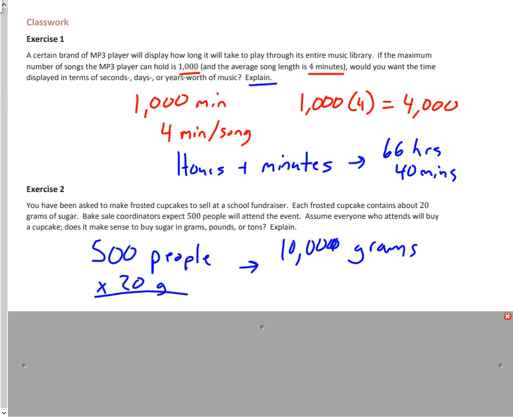Grams of sugar are very small amounts of sugar, and if there's 10,000 grams, I would suggest switching it to pounds. Now, if you look it up, there's about 454 grams per pound.